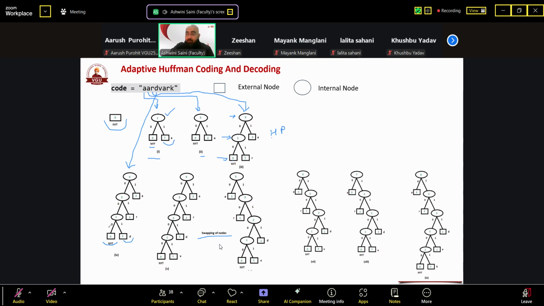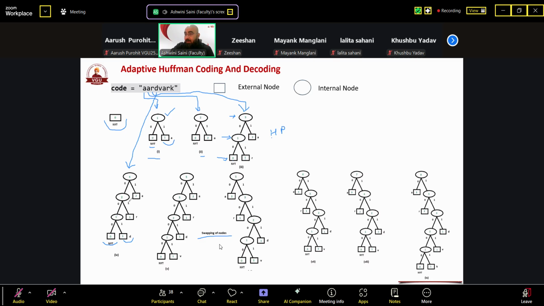We are checking the total 0 and 1. We are showing 1. Then this R was there. R has a weight 1 and now it has that NYT, and D has weight 1.